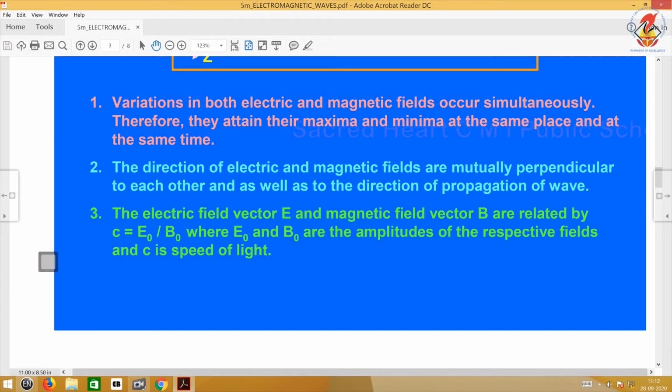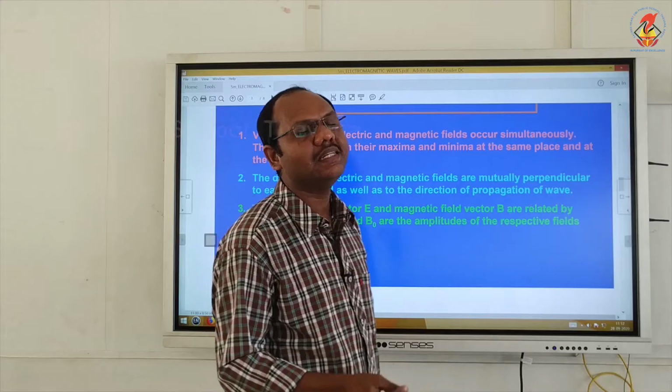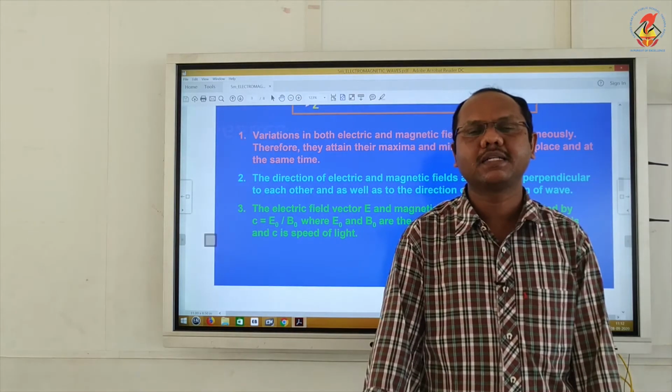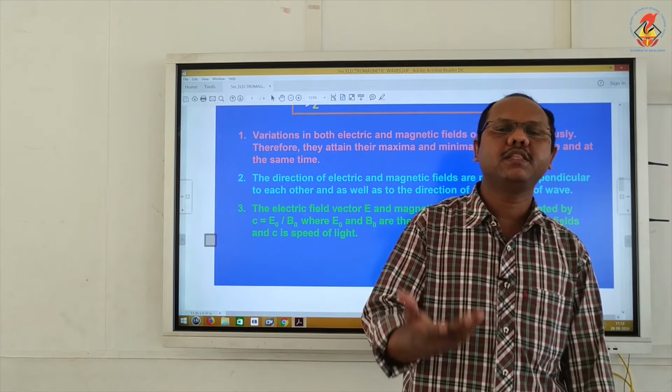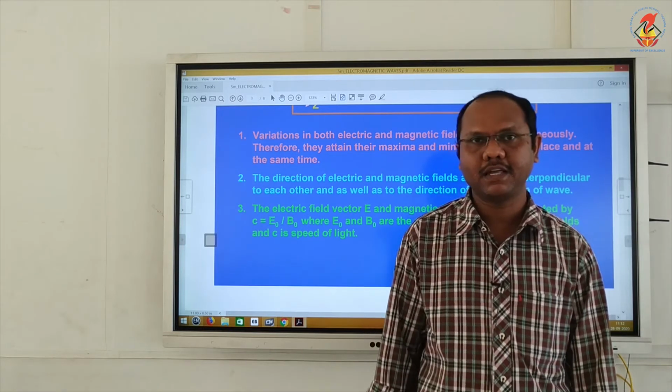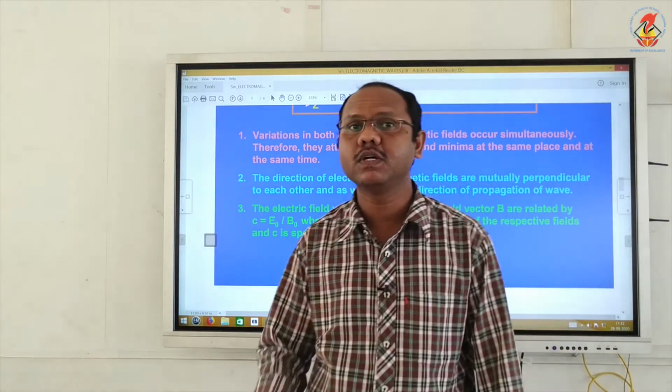Third point, the electric field vector E and the magnetic field vector B are related by the equation C is equal to E0 by B0, where E0 and B0 are the amplitudes of the electric and magnetic field. What is meant by amplitude?